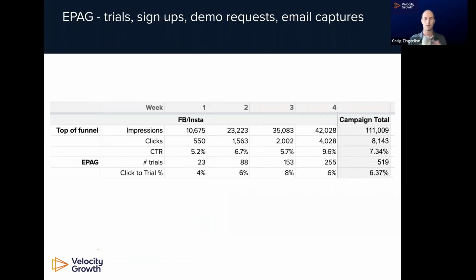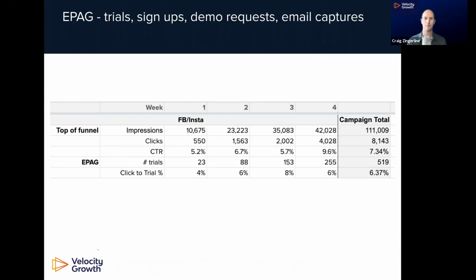So if you're a startup and free trials are your number one EPAG metric, you're going to want to look at that across the different types of campaigns that you run. You'll even want to show what EPAG trial conversion might look like for this example here, Facebook and Instagram, versus say SEO, and how those conversion rates to trials happen regardless of the channel that you're in, and you can tune as you go.